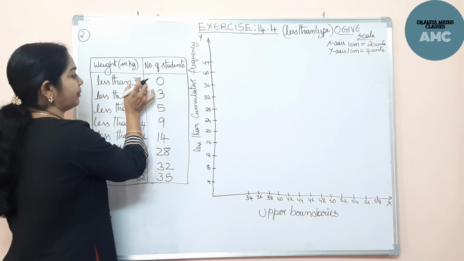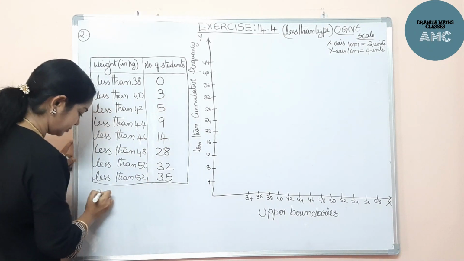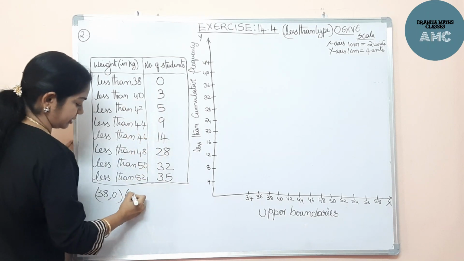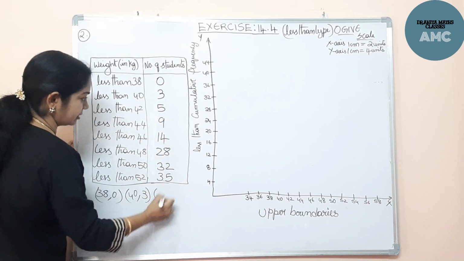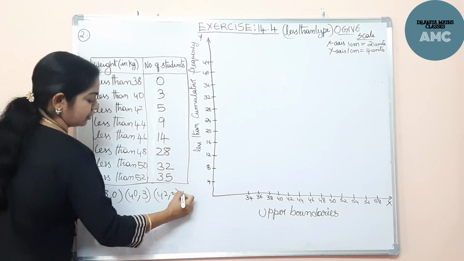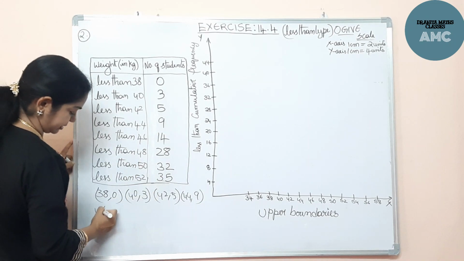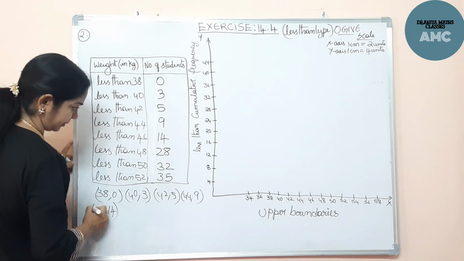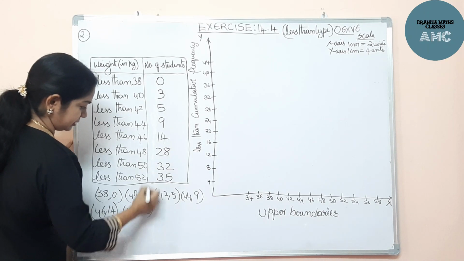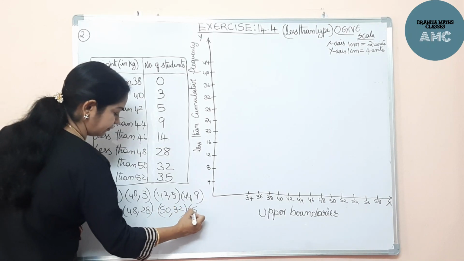So directly, our coordinate points will be 38, 0; 40, 3; and likewise 42, 5; 44, 9; 46, 14; 48, 28; 50, 32; and 52, 35.